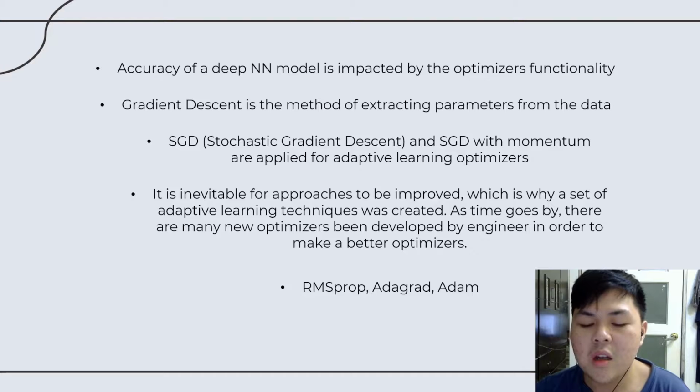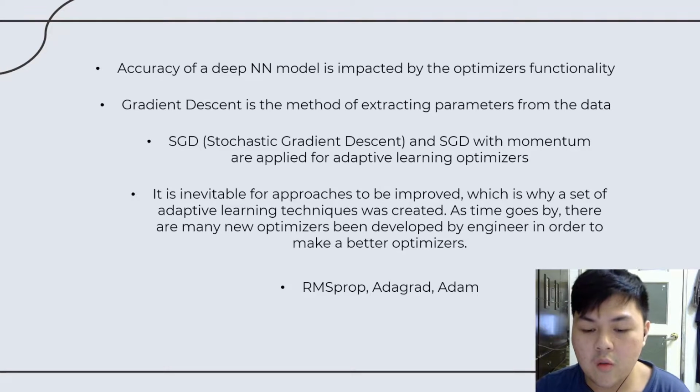This initialization has a significant impact on the majority of algorithms, and the traditional SGD and SGD with momentum have demonstrated their appropriateness for deep neural network learning, and it is also inevitable for approaches to be improved.